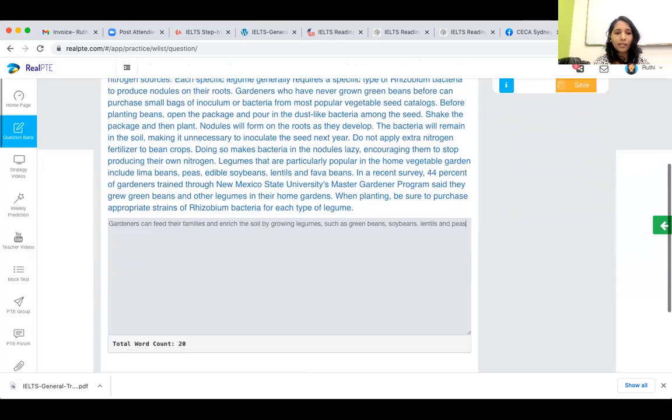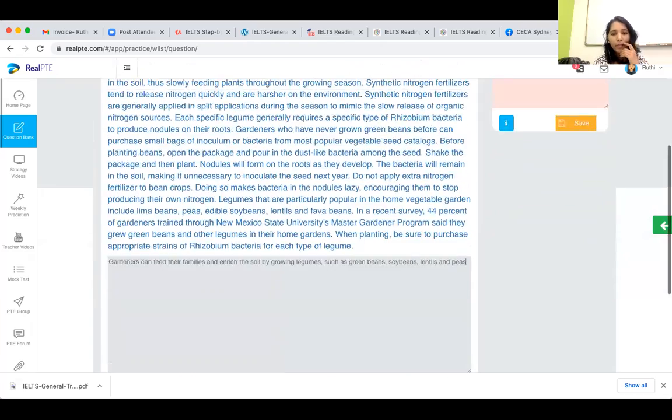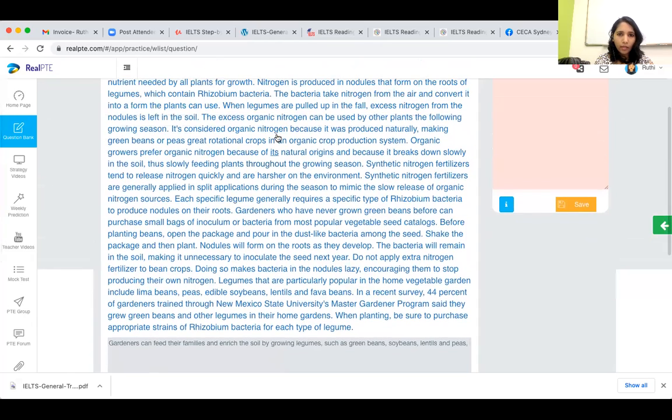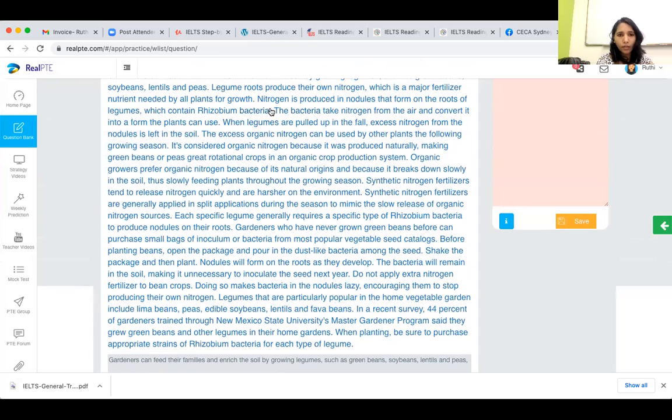This is my first sentence. Let me look at it. I've written about 20 words. So I put a comma and then space. Now I look at if I can put and or what.